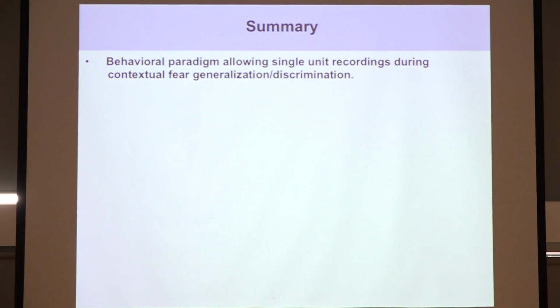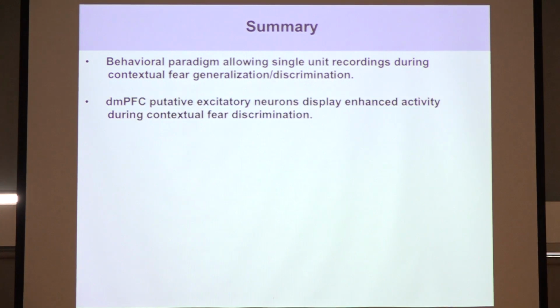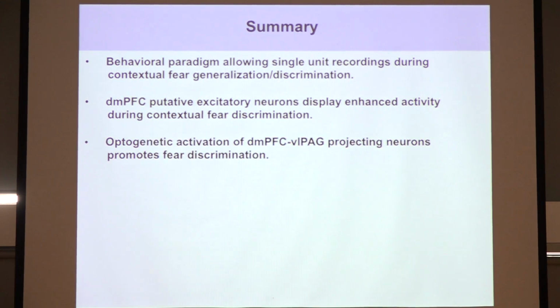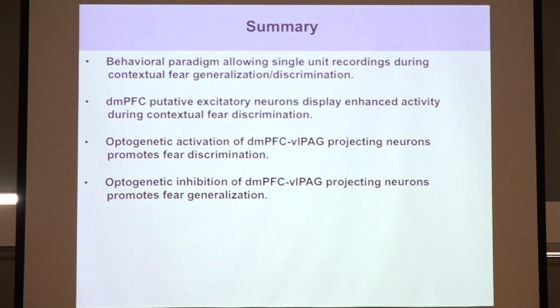we have developed a behavioral paradigm that allows single units recording during contextual fear generalization and discrimination. The putative excitatory neurons displayed enhanced activity during contextual fear discrimination. If you activate the dmPFC-VLPAG pathway, we promote fear discrimination. If we inhibit this pathway, we promote fear generalization.